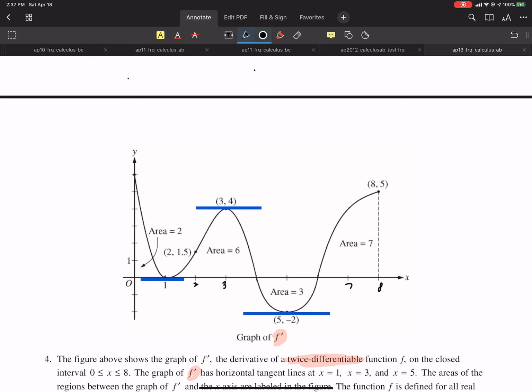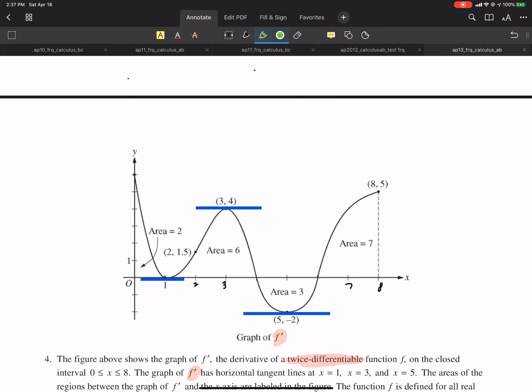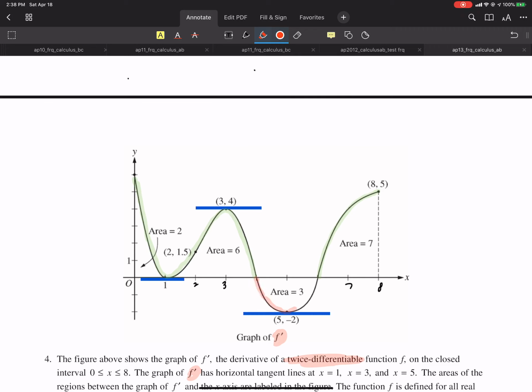All right, I get to use cool colors. I wish I didn't erase this. This was all green because f prime's positive. Then this was pink because f prime's negative. So what am I going to tell you about those regions?